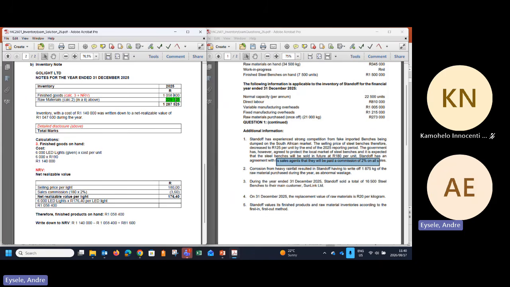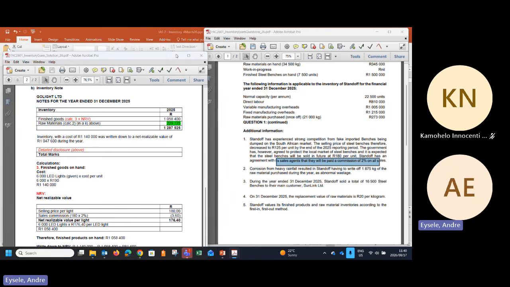Why do we do that? Because the NRV is lower than your cost. And colleagues, that is in a nutshell what we have said on the calculation of stock. Like I said, this is applying the theory on a given question.